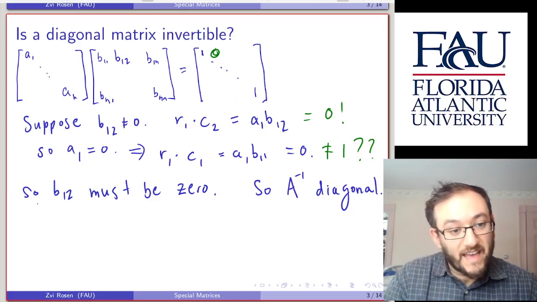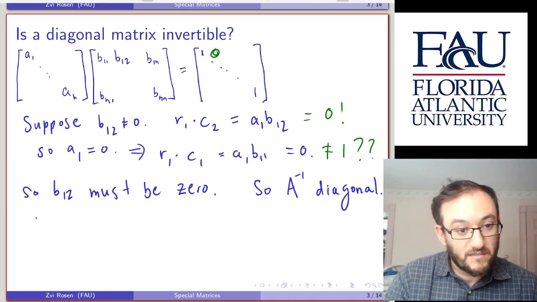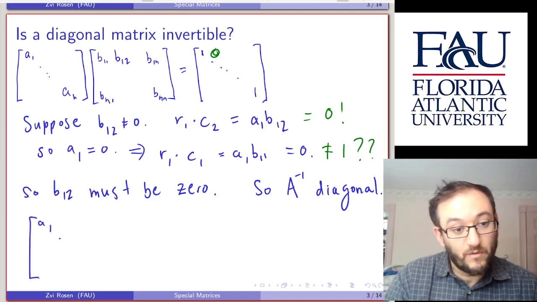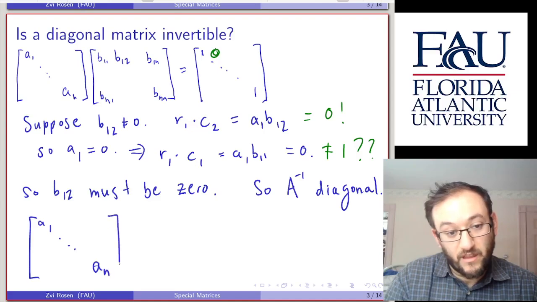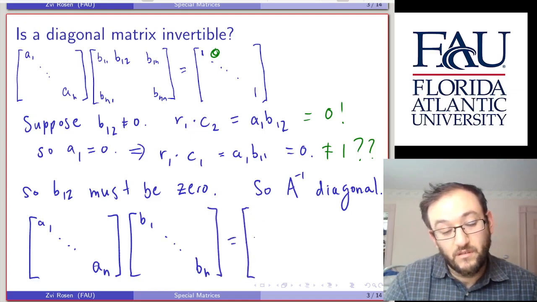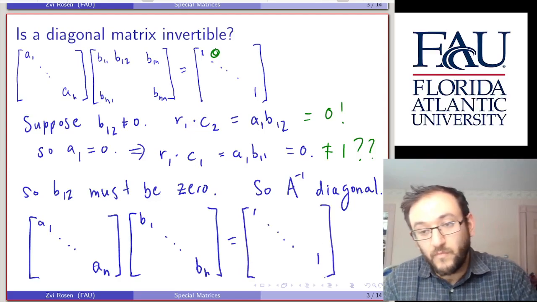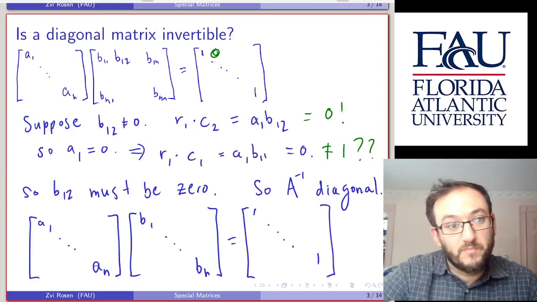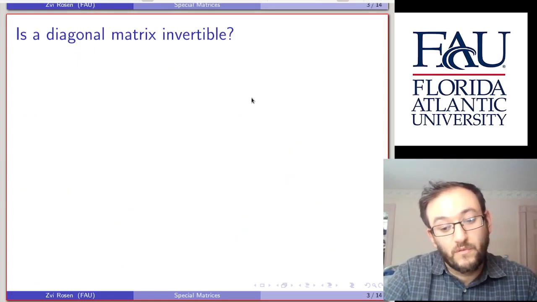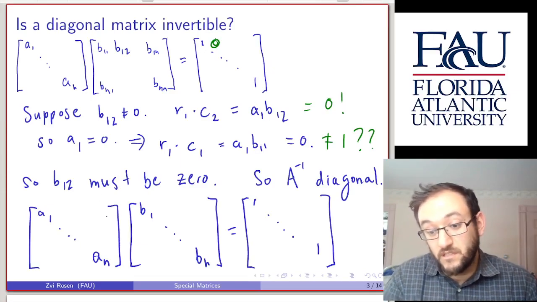So given that it's diagonal, what will its entries be? If this is a_1 through a_n, and our inverse matrix looks like b_1 through b_n, and we want this to come out to 1 through 1, what do the entries of the product look like?